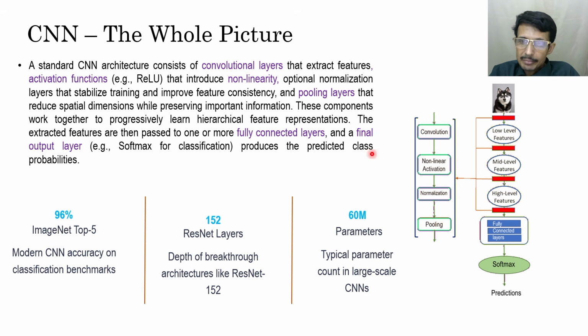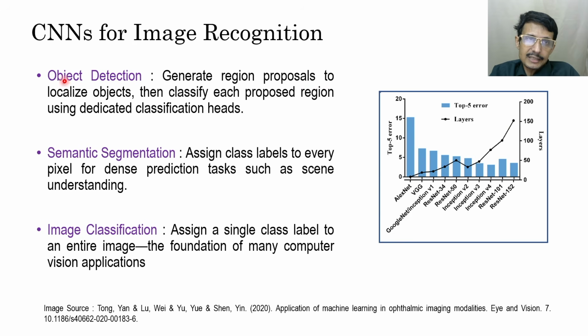So this is the basics. So what is CNN for image recognition? For this particular course, we will try to understand different aspects: how CNN is used for object detection, semantic segmentation, and image classification. In object detection, generate region proposals, localize objects, and classify each proposed region using dedicated classification methods.